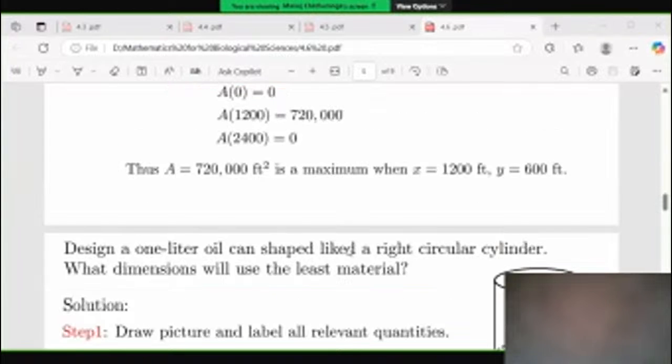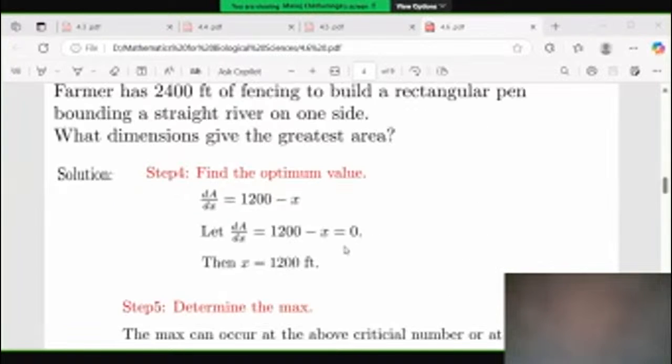You can look at the sign changes. If x is below 1,200, the derivative is positive.